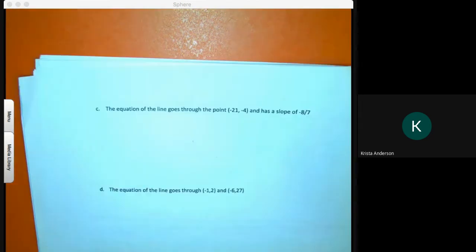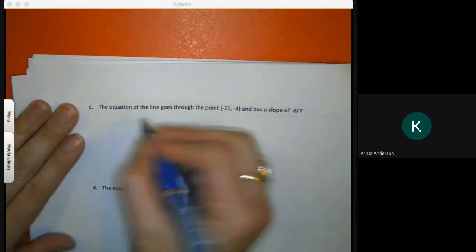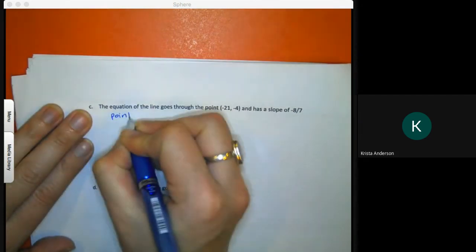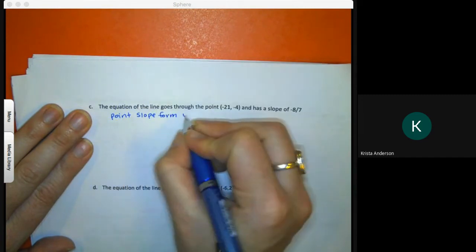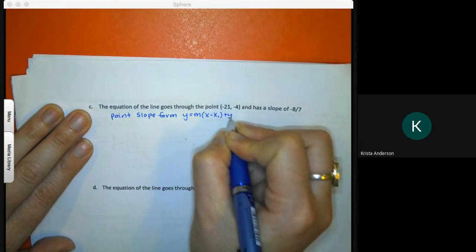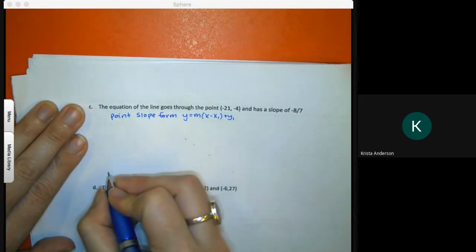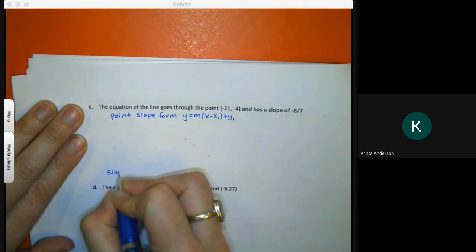Turn the page. Question C. There was a hint on the last page that I might have to use point slope form. The way I want to end my equation is in slope-intercept form.